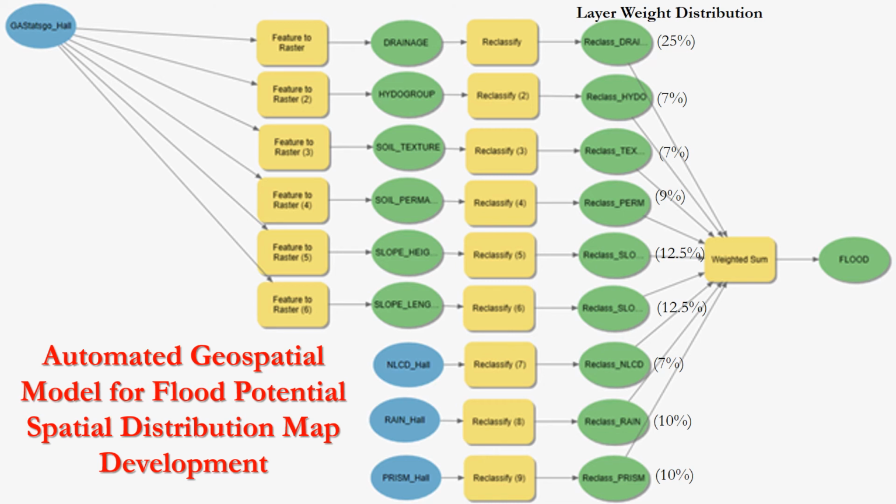So now all these 9 reclassified rasters are multiplied by their Delphi-based weight, which we already obtained, using the weighted sum tool. The final raster is the flood potential raster. You will see it in the result.